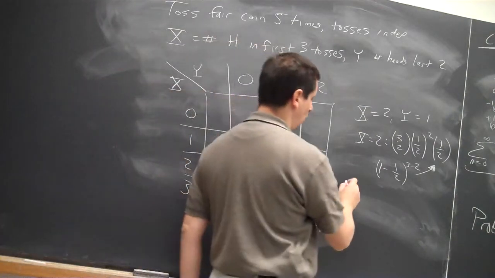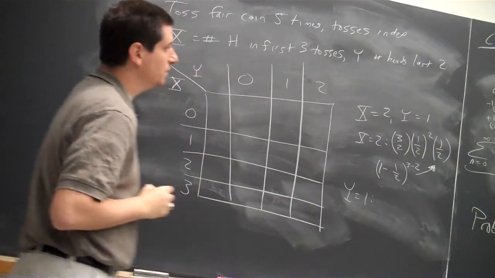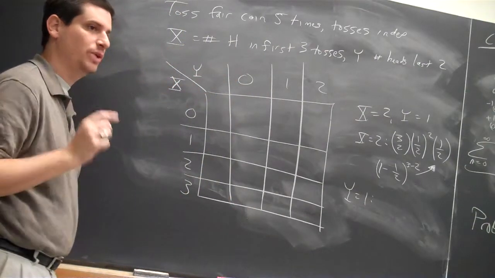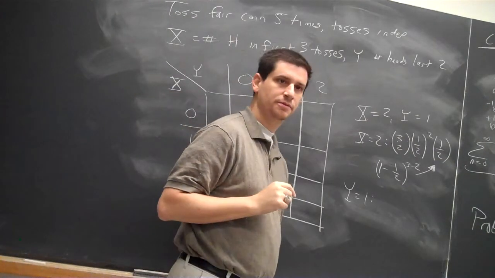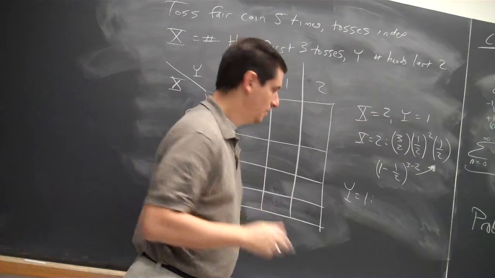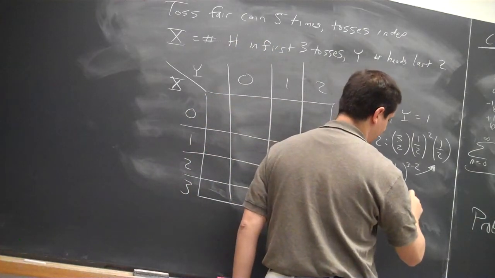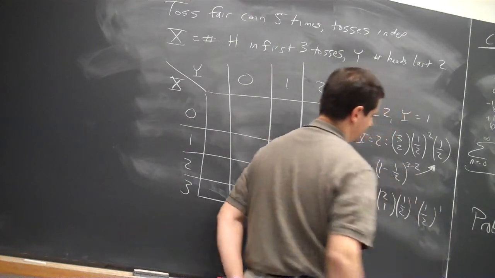What about the probability that Y equals 1? I want exactly 1 head in 2 tosses. 2 choose 1, so it'll be 2 choose 1 times 1/2 to the first, times 1/2 to the first.